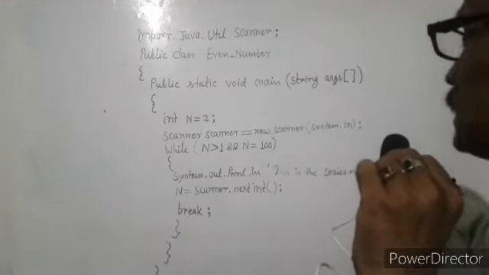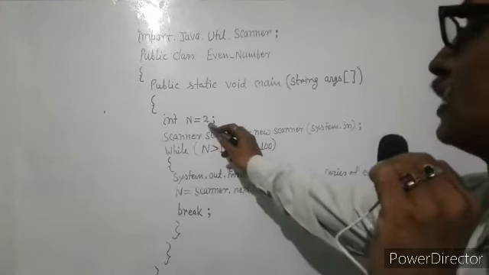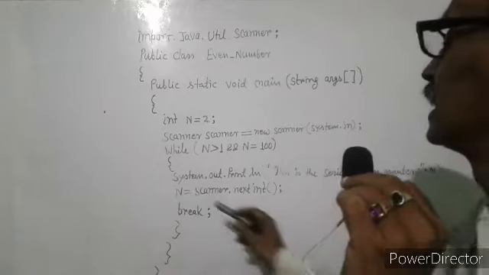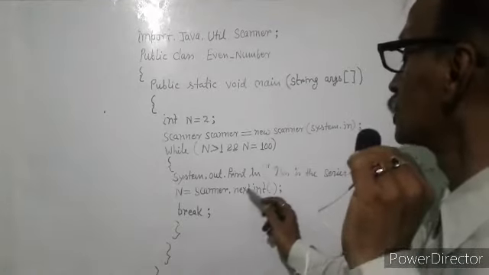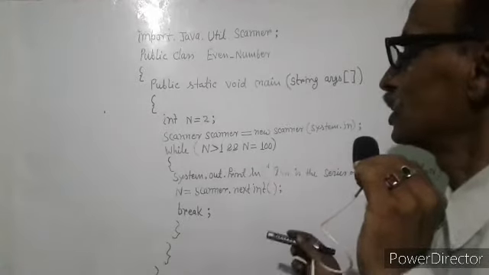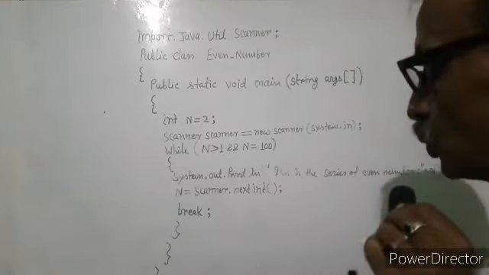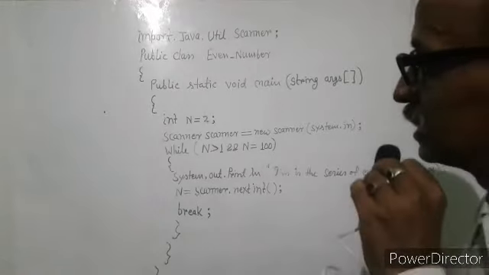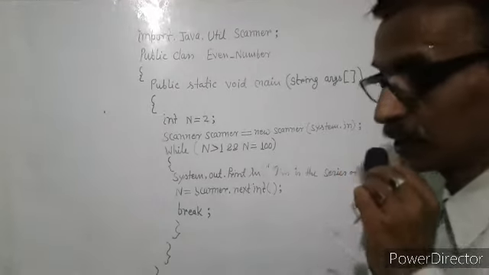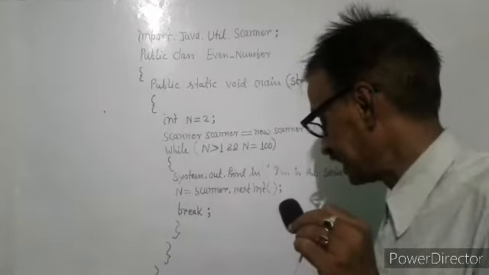Here plus n means the value of n; the first value is 2, so 2 is printed. Then n = n + 2, so the even number increments its value by 2.